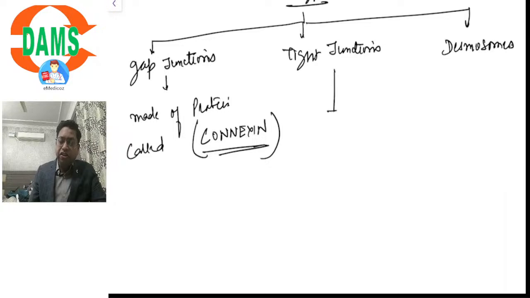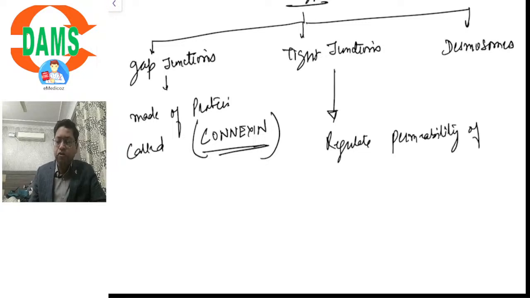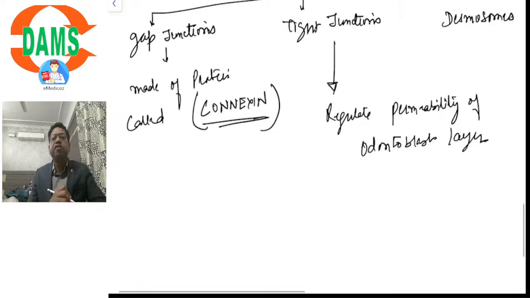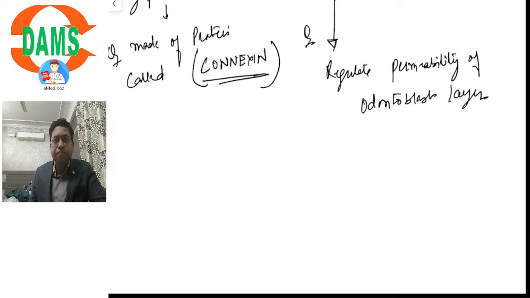And the tight junctions regulate the permeability of the odontoblast layer. So the permeability is regulated by the tight junctions and not the gap junctions. Important thing to note. So all these are frequently asked questions related to the odontoblast layer.